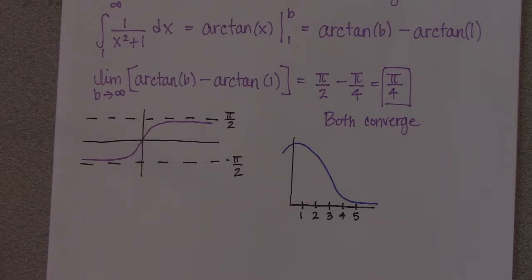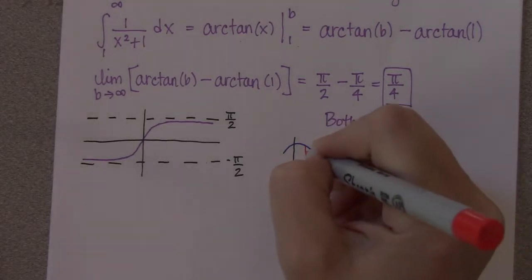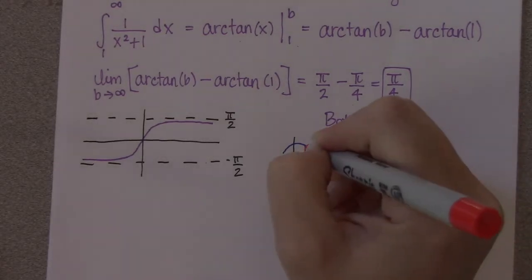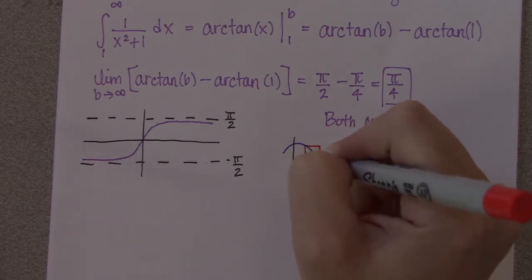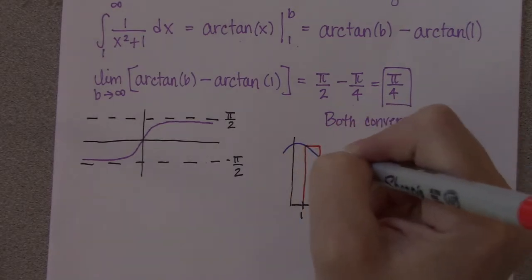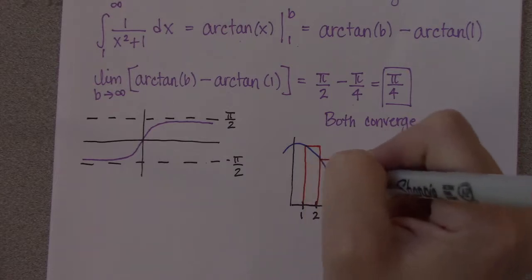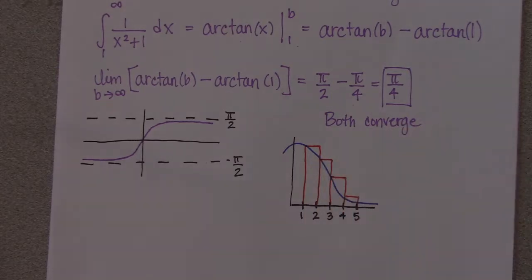If we did the left-hand sum, we would start on the left, draw a rectangle of width 1, come back down, and draw another rectangle of width 1. You could see here for a decreasing function, the left-hand sum, if you summed up all the areas of those rectangles, overestimates the area because you were getting more than was actually there.